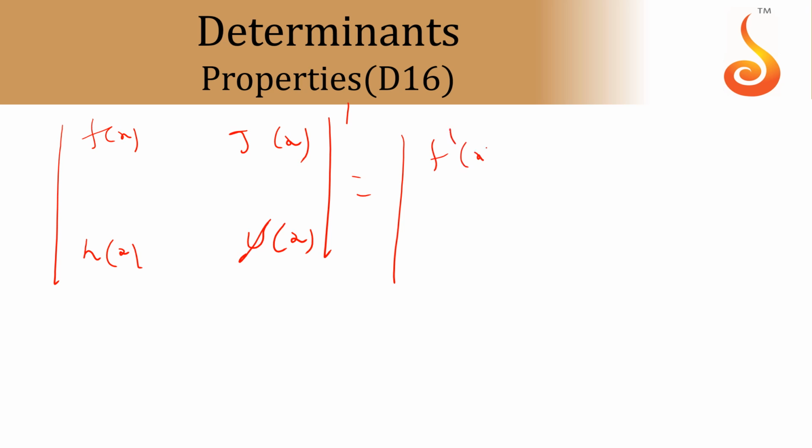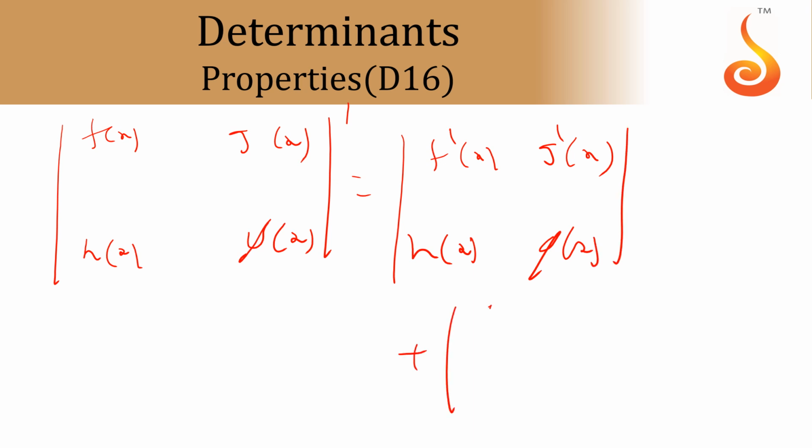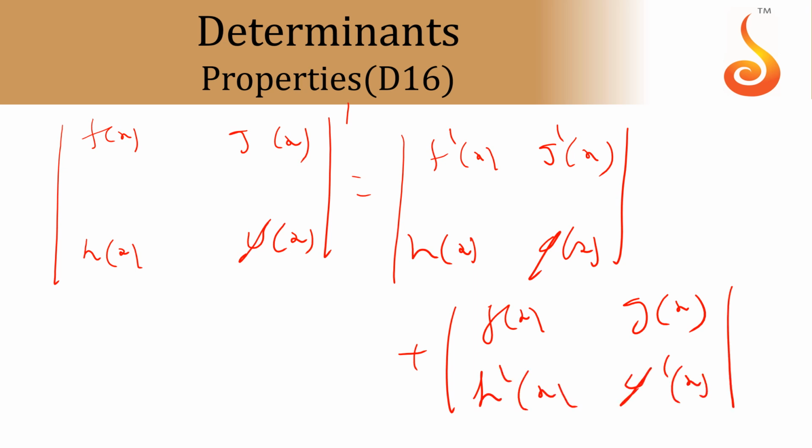So f dash x, g dash x, h of x, phi of x, plus f of x, g of x, h dash x, phi dash x. Means one row should be differentiated, the other row should be the same. If it is 3 by 3 also, you will write 3 determinants: first row differentiated with second and third as they are, plus first and third as they are with second row differentiated, plus first and second as they are with third row differentiated.